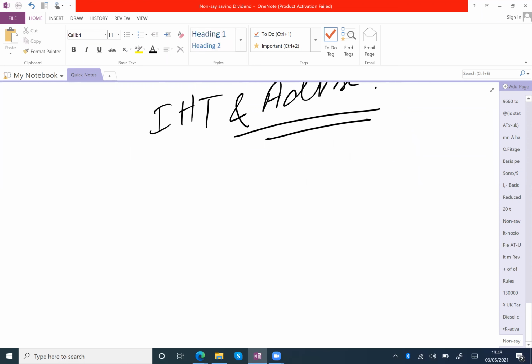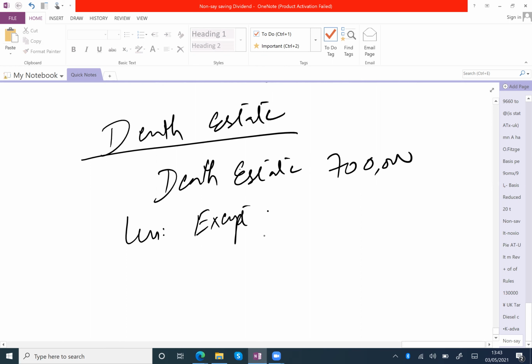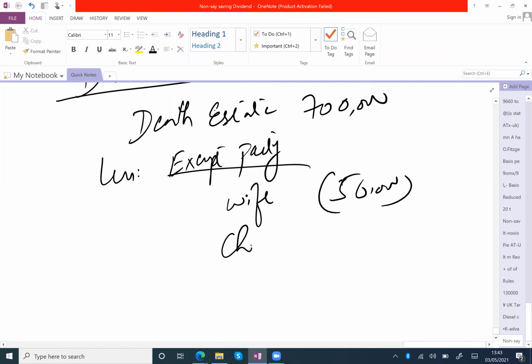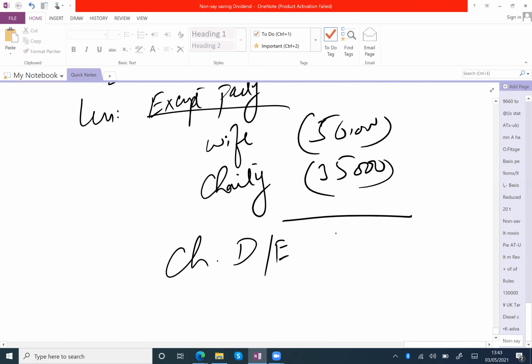So firstly, you have to calculate the death estate. In this question, the total death estate is 700,000 less gift to exempt party. In this question, wife is an exempt party, no IHT, 50,000 deduct, and charity is also an exempt party and he is donating 35,000 to charity. So what is the chargeable death estate? 615,000.